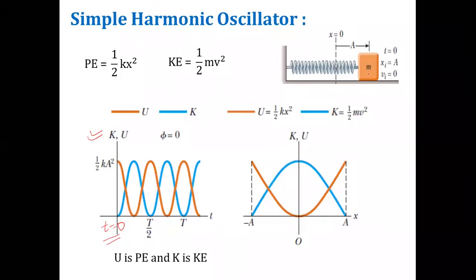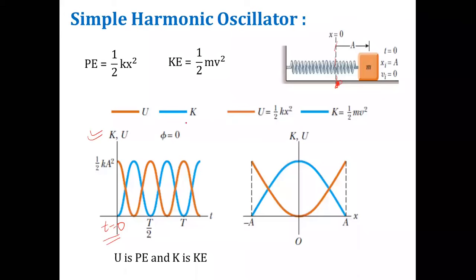If someone says that he or she is going to start the clock from the equilibrium position, then these graphs will be reversed. Because in that case, at this point, your kinetic energy will be maximum. Your kinetic energy would in fact be equal to the total energy. And the graph will be reversed in that scenario.